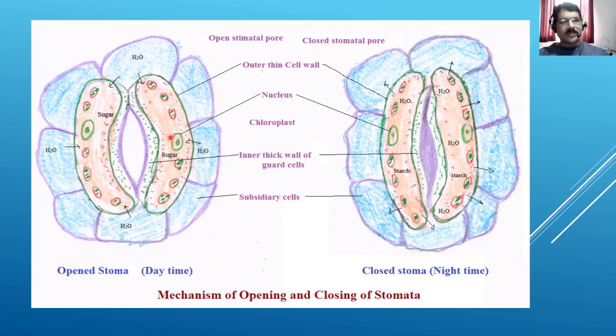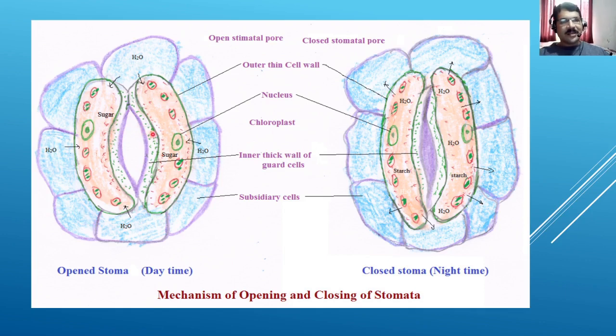Due to this increased sugar in the guard cells, this sugar gets dissolved into the water present in the guard cells, and due to that the osmotic pressure of the guard cell will increase, or we may say the concentration of guard cells will increase as compared to the surrounding mesophyll cells.